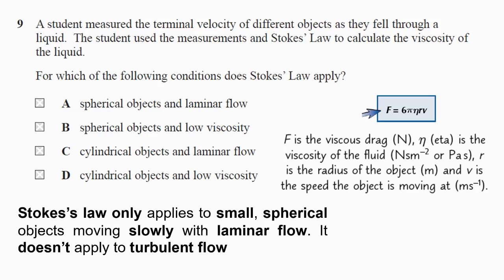So these are the conditions for the Stokes law, and the expression is F equal to 6 pi eta r V, where eta is the viscosity, r is the radius of the spherical ball, and V is the terminal velocity or speed of the object moving through the liquid.